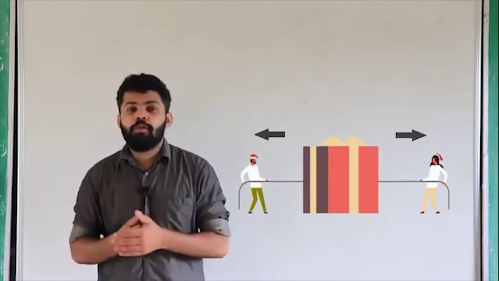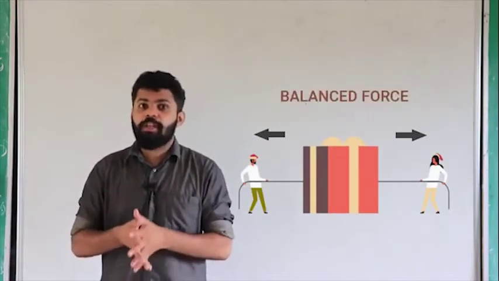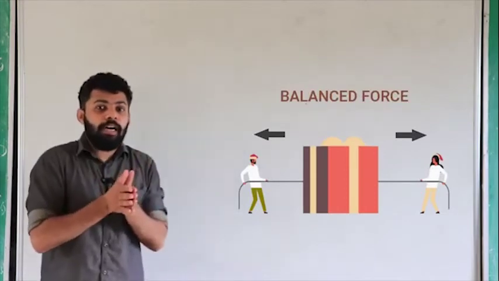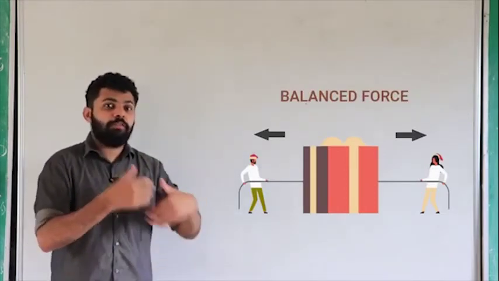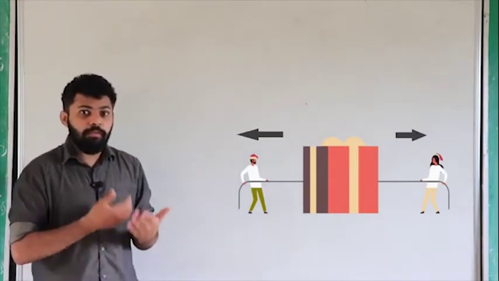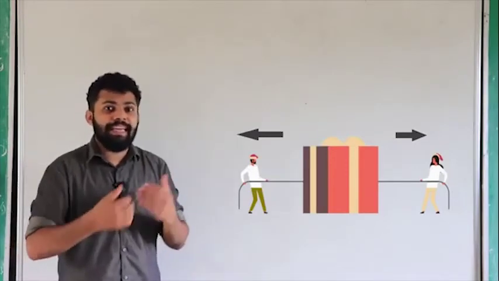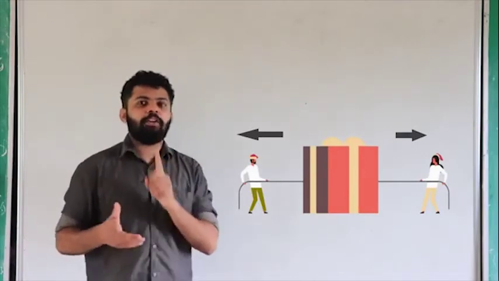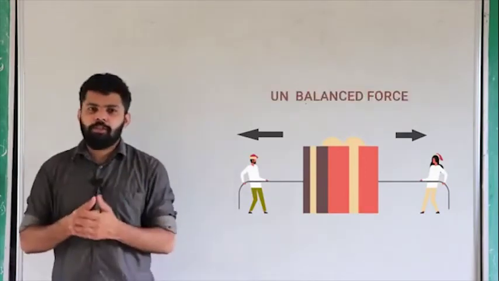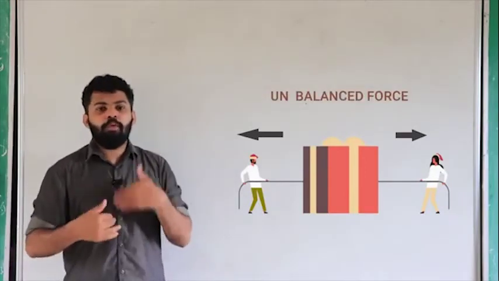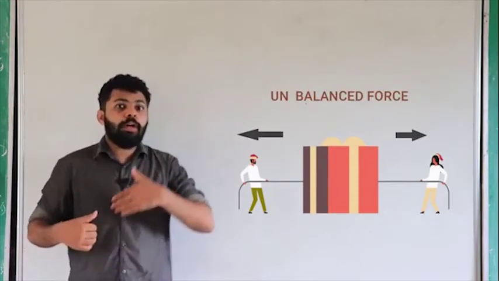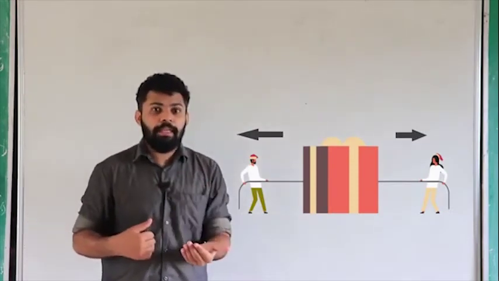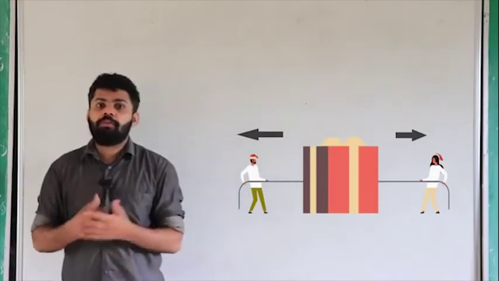That kind of force is called balanced force. If one of the forces is greater than the other, then the box will move. That kind of force is called unbalanced force. So for an object to move, there should be an unbalanced force.